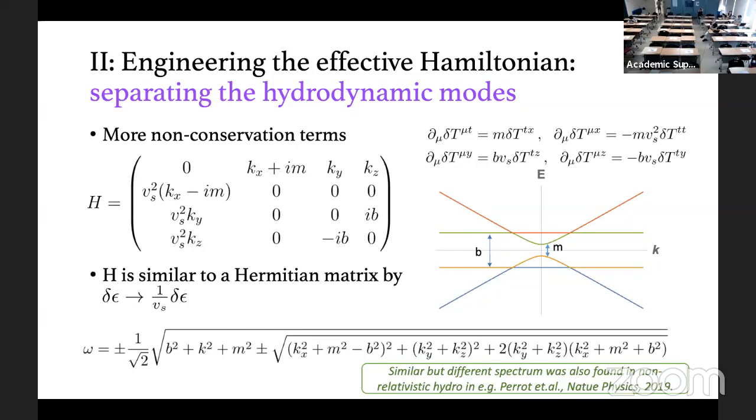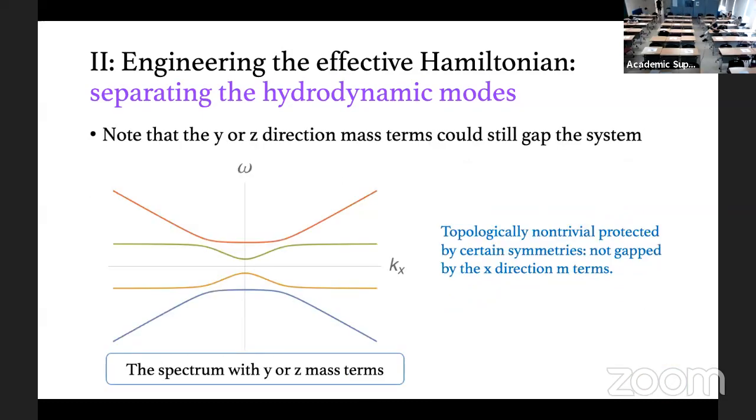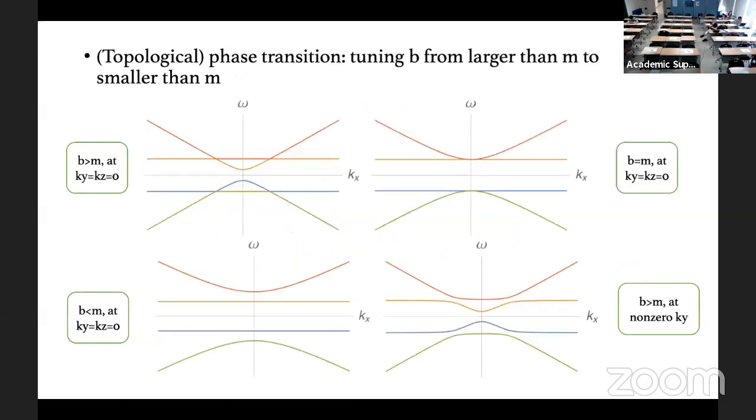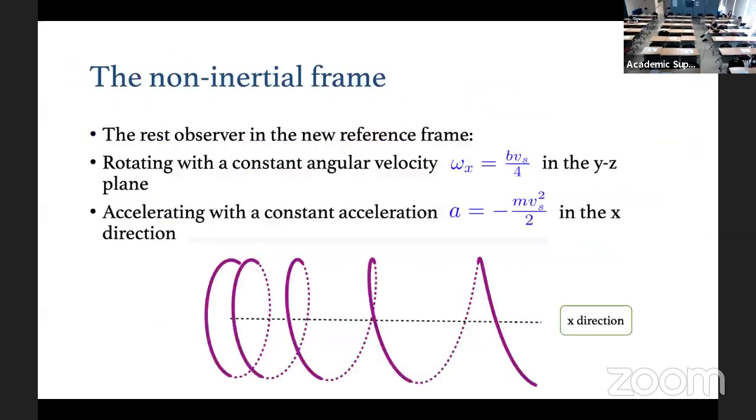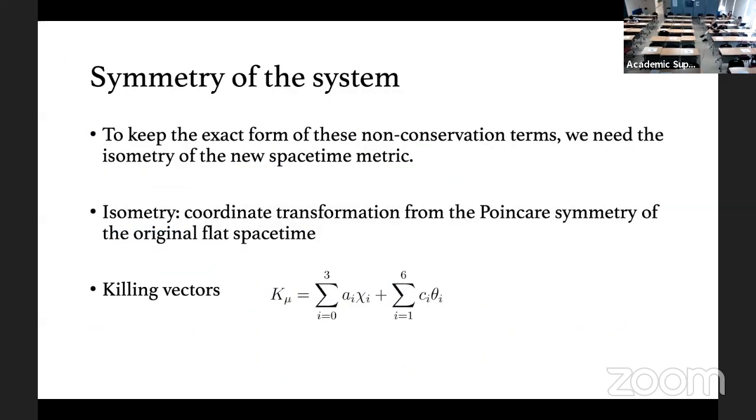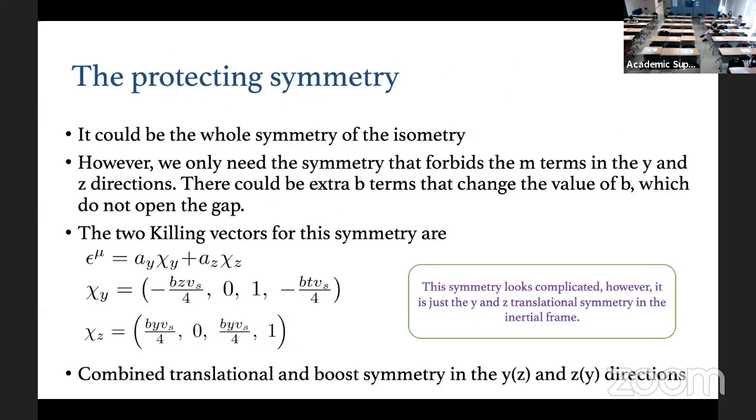The other one is you were talking about spectrum protecting symmetry. When you talk about the symmetry which is protecting the spectrum, I wasn't sure whether that is a transformation which just leaves the spectral structure invariant, or really a symmetry.